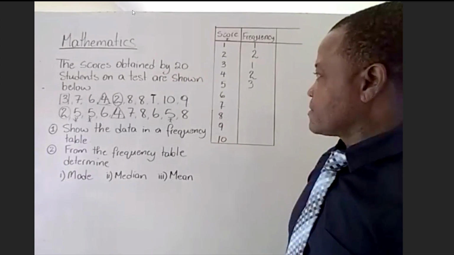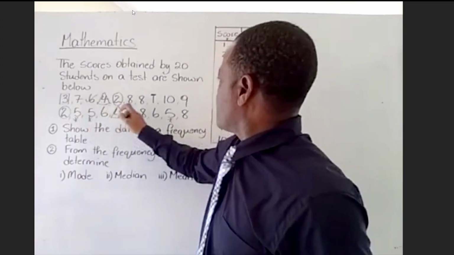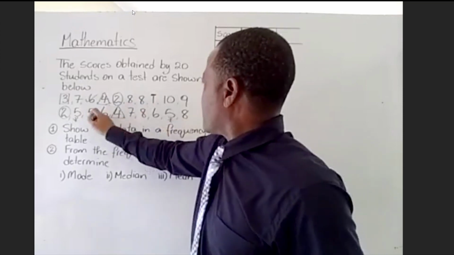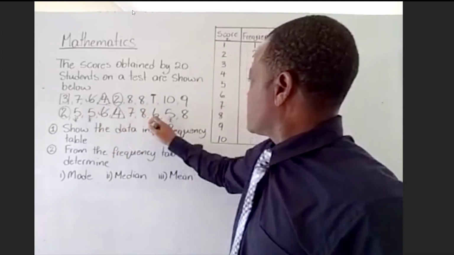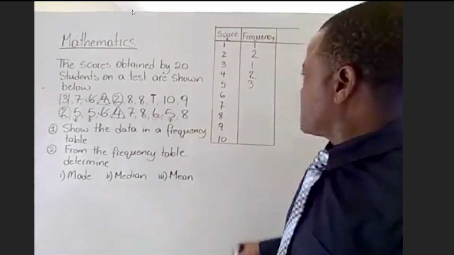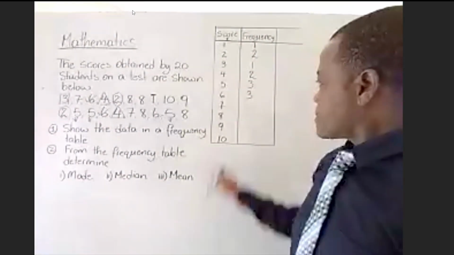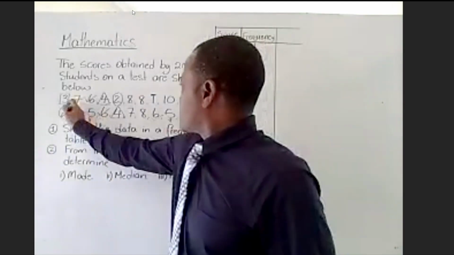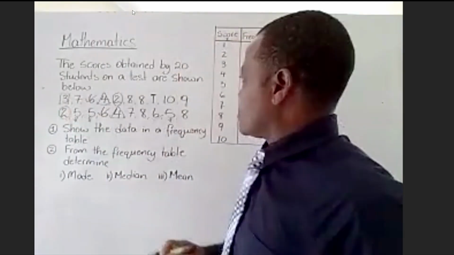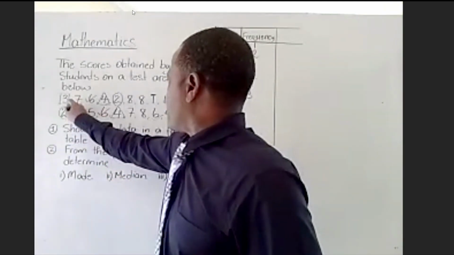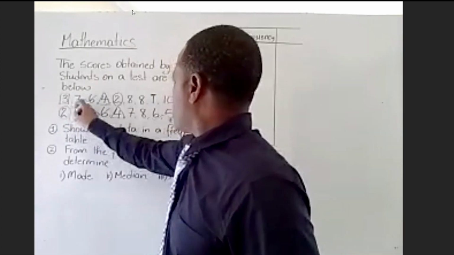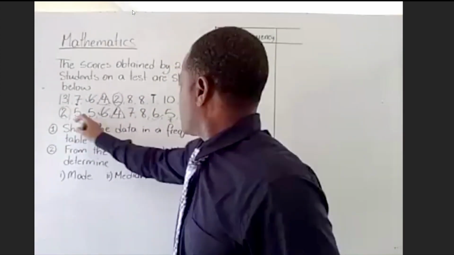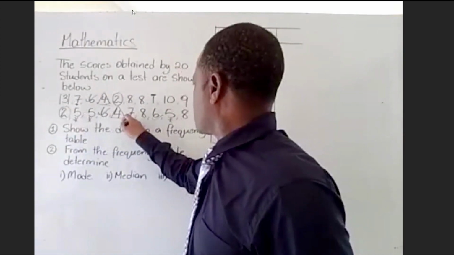I can tick my 6, all the 6's up here. So that's 1, that's 2, that's 3. I'm going to 7. Now, what can we use? Let's use a little dot for 7. That's 1, that's 2.